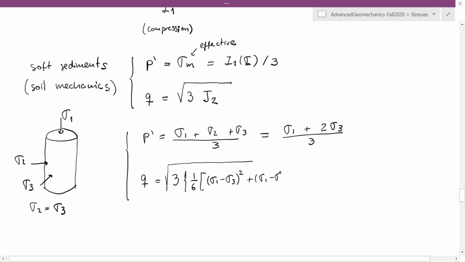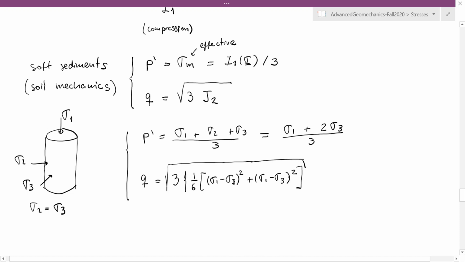But since sigma 2 is equal to sigma 3, let me just write sigma 3 over here. And since sigma 2 and sigma 3 are the same, the difference is just going to be equal to 0. And as a result, I'm going to have this as the product of 2 times sigma 1 minus sigma 3, all of that squared.